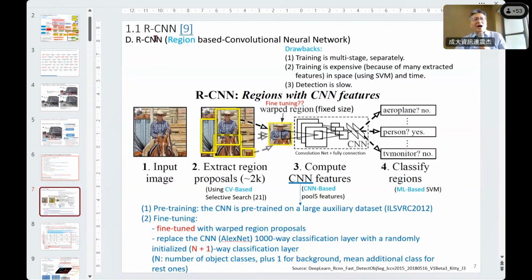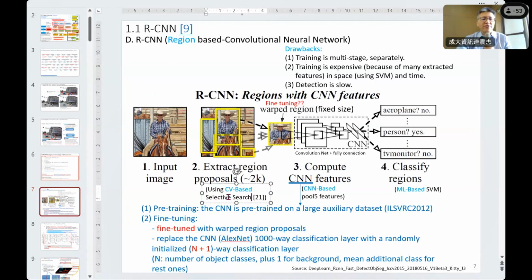Okay, so what is RCNN? Back to the beginning. The initial idea is that if I input an image, we can use a traditional method to do the detection, and then for each region we do classification using SVM. The original method is computer vision, using selective search.